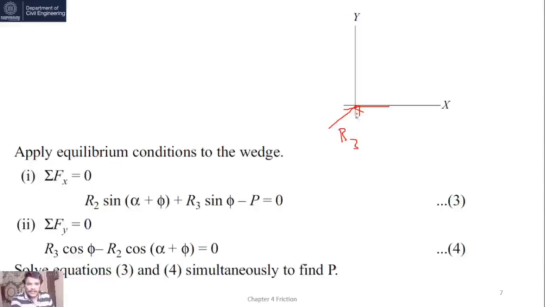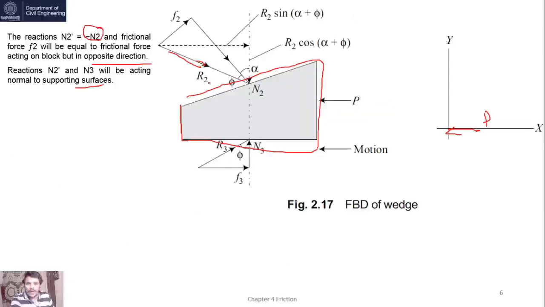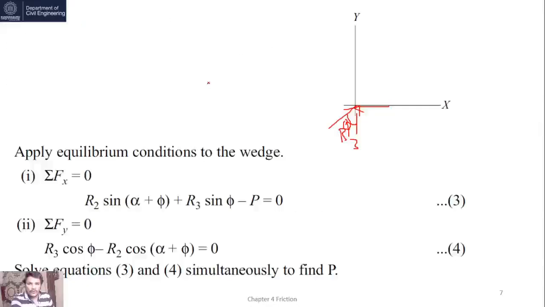Similarly, this is R2. This makes an angle of alpha plus phi with vertical. So this is P. So totally 3 unknown forces are there.